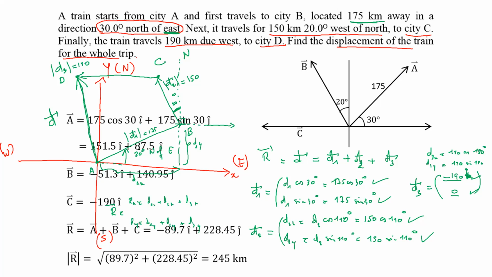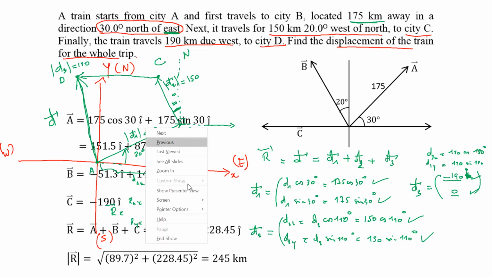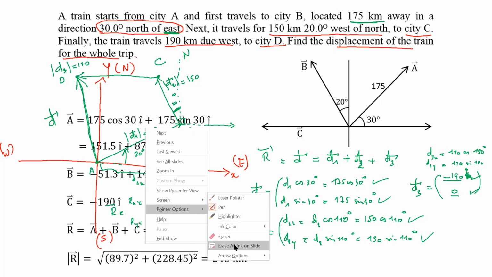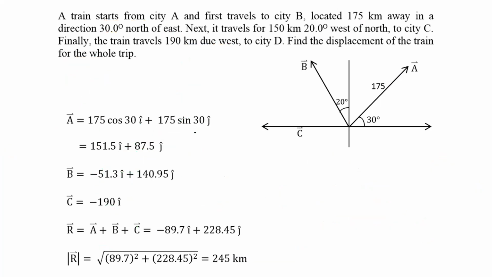So when I do this, this is what I get for A. This is why I told you that this is 130 degrees. Of course, I told you how to get this.